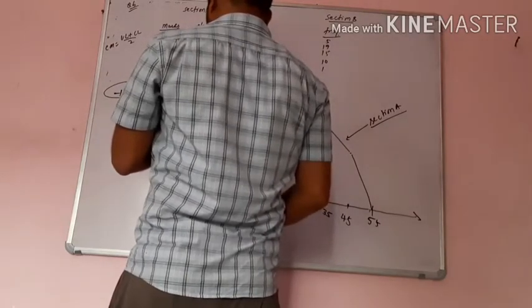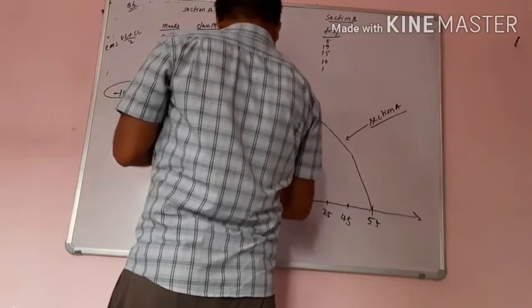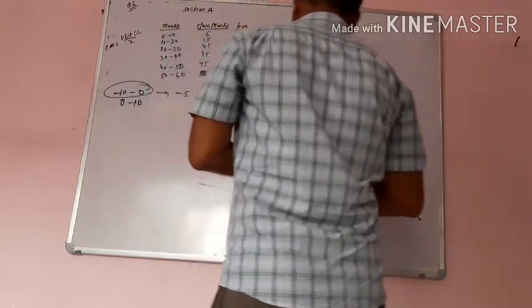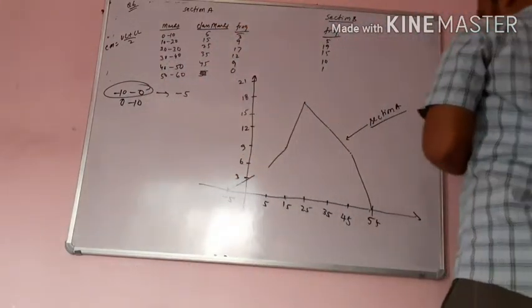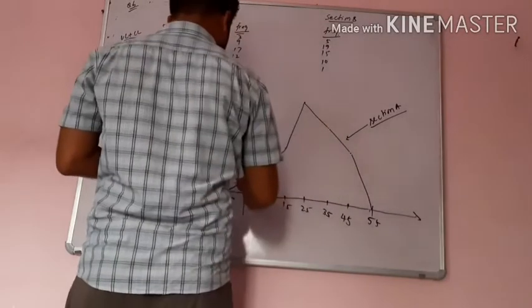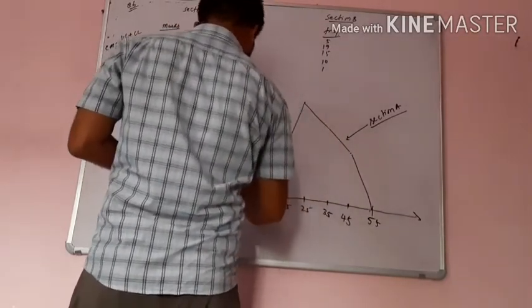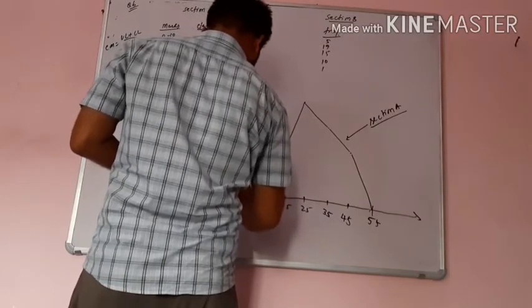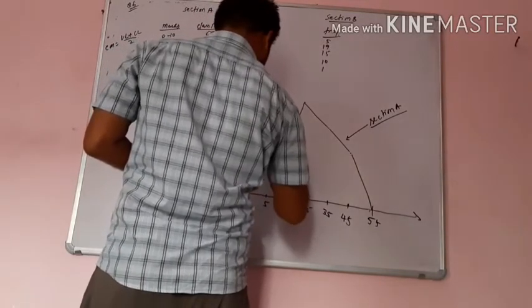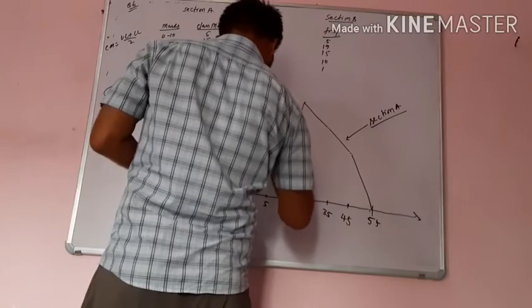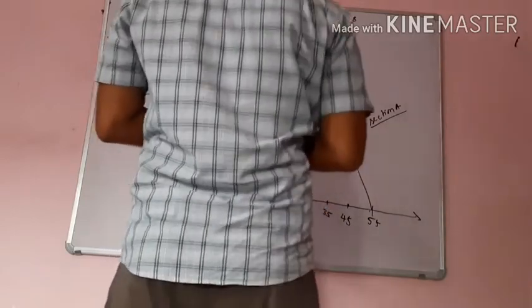For section A the frequency is 3. So in the first graph we have made some mistake: at 5 it is 3. The graph will be like this.